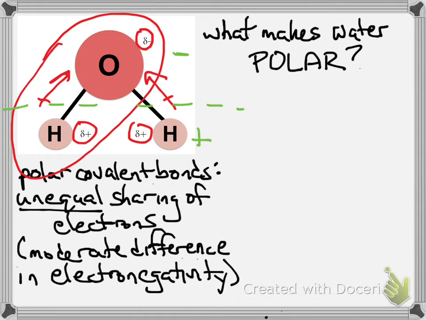Its ability to form hydrogen bonds, its higher than expected melting and boiling points, a lot of the properties that water has, including the ability of ice to float on water, are due to this particular structure. So, the things that make water polar are as follows.